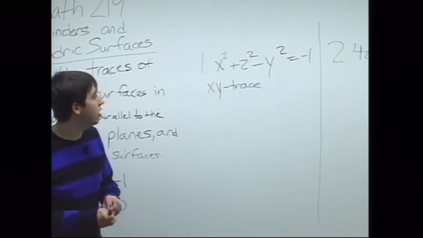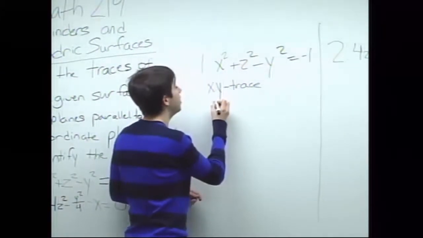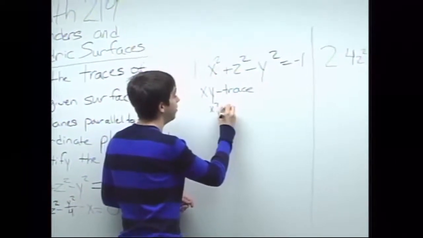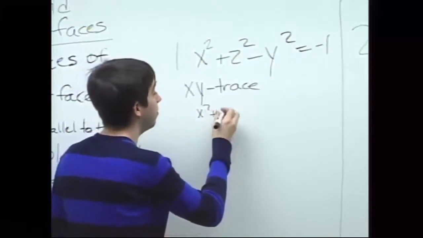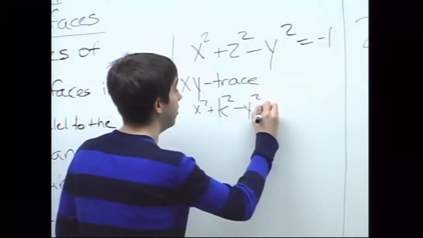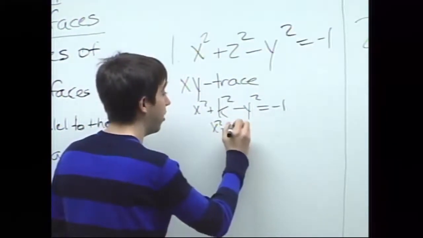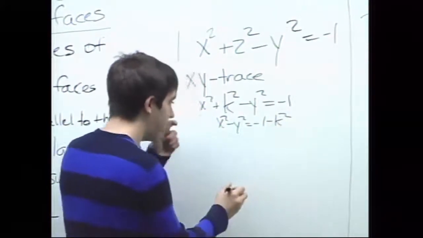If I plug z equals a constant in here, we get x squared plus k squared minus y squared is equal to -1. x squared minus y squared is equal to -1 minus k squared.